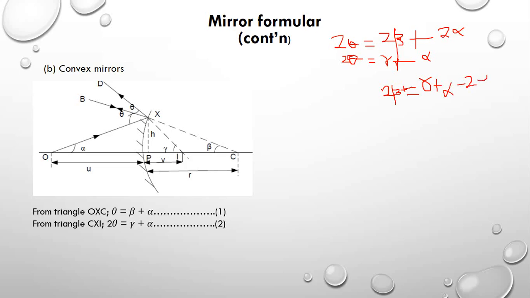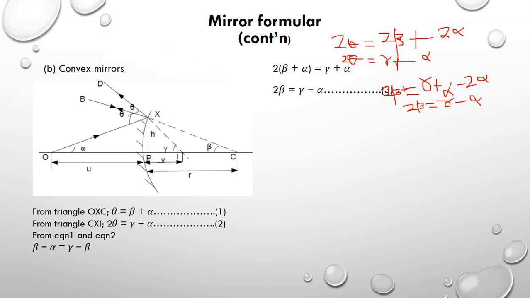Therefore, if we subtract that, we shall have 2 beta being equal to gamma minus alpha. So equation 1 and equation 2 will reduce to that.